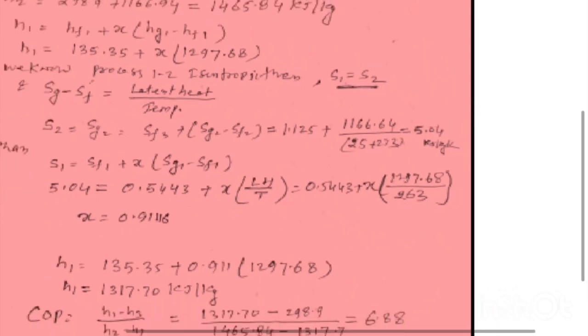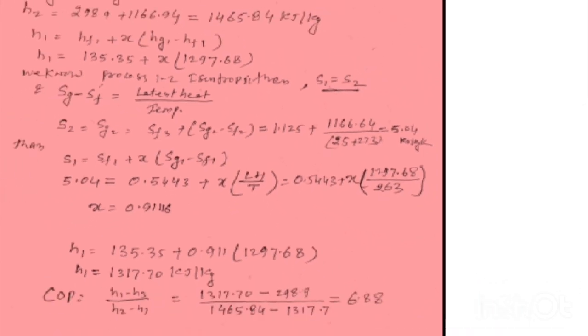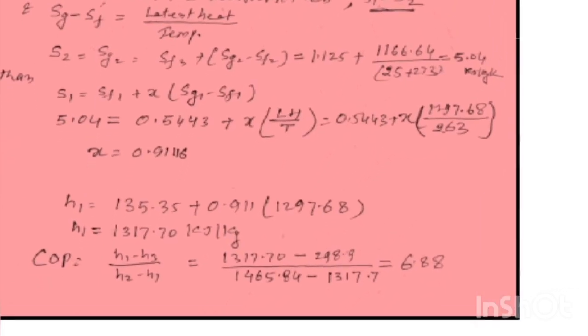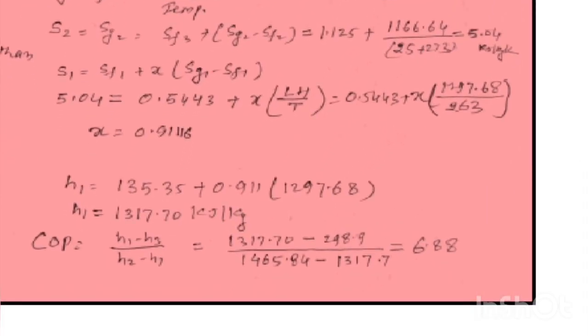So we put this value, and we got X equal to 0.9116. Okay, so we can calculate H1, which is coming 1317.70 kilojoule per kg, and then COP will be (H1 minus H3) divided by (H2 minus H1). Then we put these values in the COP equation, and we get the COP equal to 6.88.